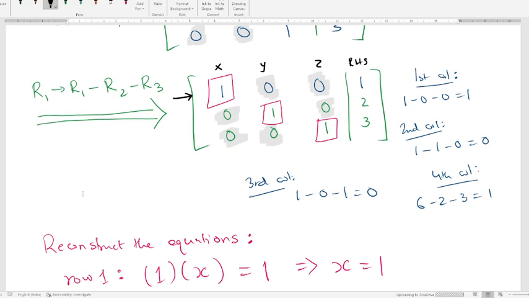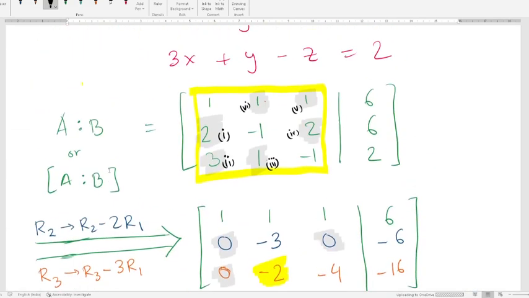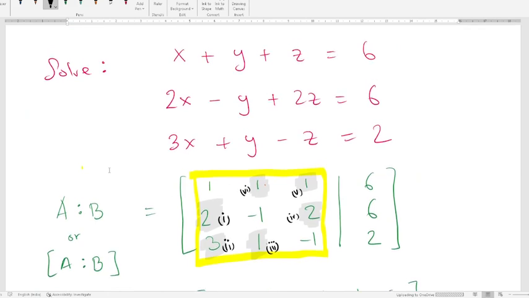In order to understand this, let's go back to the first step that we have done. You remember this particular step? x plus y plus z is equal to 6. That we have written as 1, 1, 1, 6. So the first column represents the coefficient of x. The second column represents the coefficient of y. The third column represents the coefficient of z. And the last column represents the RHS.